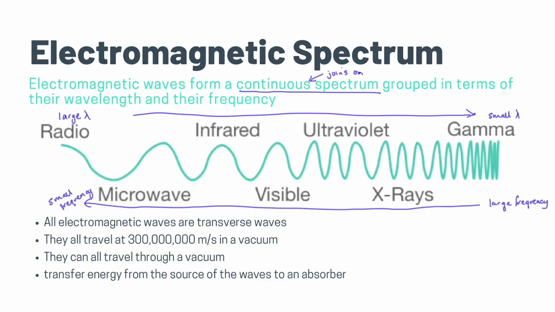So if the wavelength's big, the frequency is small, and if the wavelength's small, the frequency is big. They're the opposite. You can see there are 7 sections to the electromagnetic spectrum: radio waves, microwaves, infrared radiation, visible light, ultraviolet, X-rays, gamma rays.